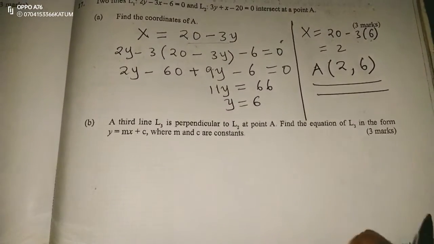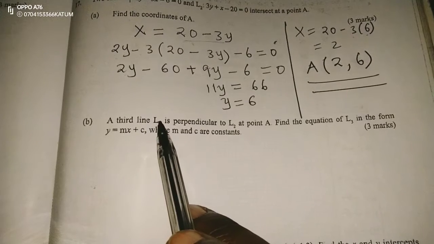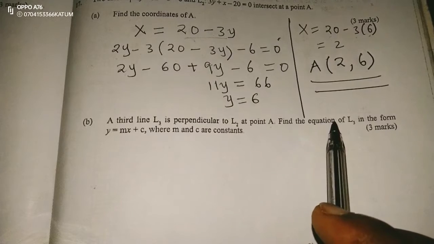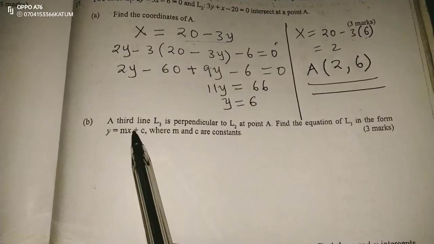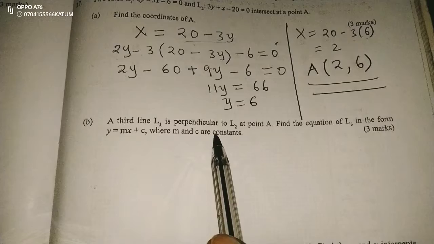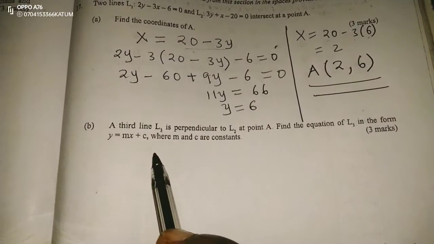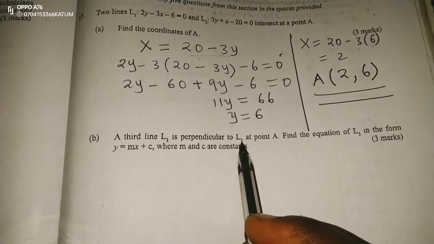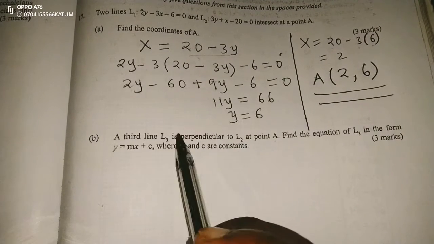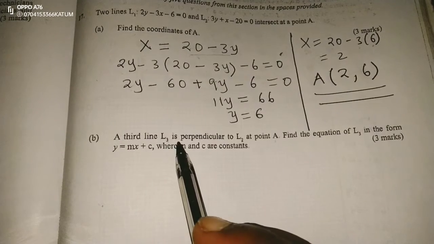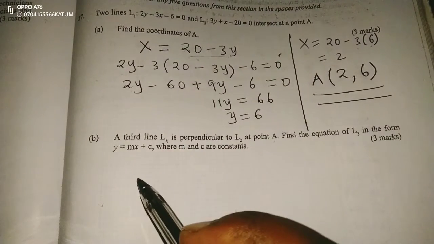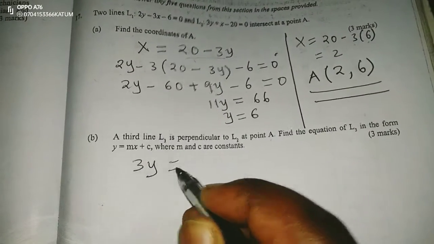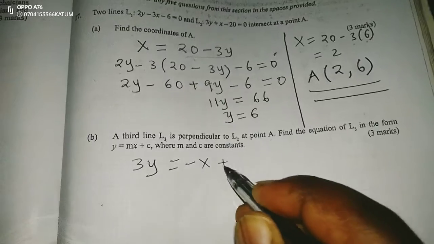The next is that a third line, L3, is perpendicular to L2 at point A. Find the equation of L3 in the form y equals mx plus c, where m and c are constants. Now we are supposed to know that line 2 is perpendicular to L3, so we can get the gradient for L2 by first of all expressing the equation: 3y equals negative x plus 20.